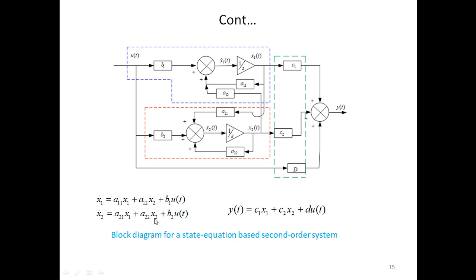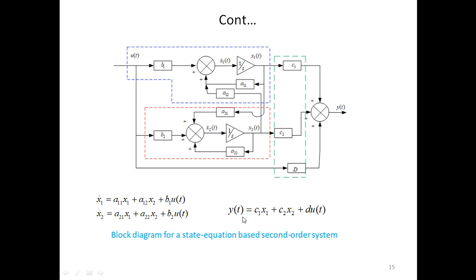Similarly for a22 x2, x2 is sensed and multiplied by the gain block a22 and added here. And one more, that is b2 ut: ut is multiplied by b2 and added to the summer. So the output x2 dot t equal to a21 x1 plus a22 x2 plus b2 ut, and this is the equation which is synthesized here.